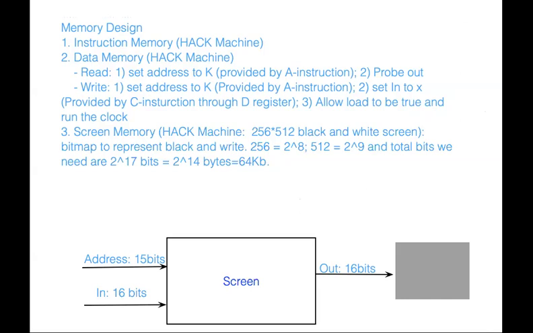So you can look at how we analyze this screen. How do I organize my data for the screen memory? I have 512 bits per row.